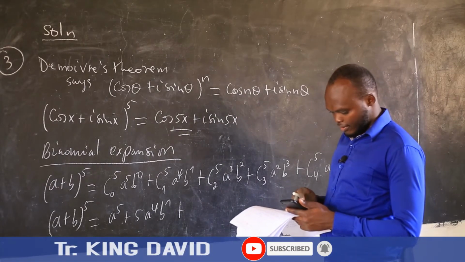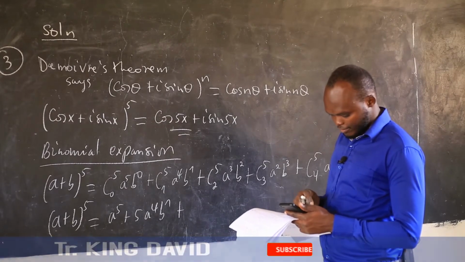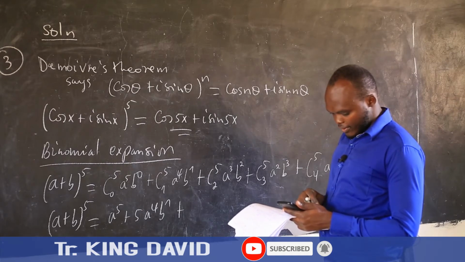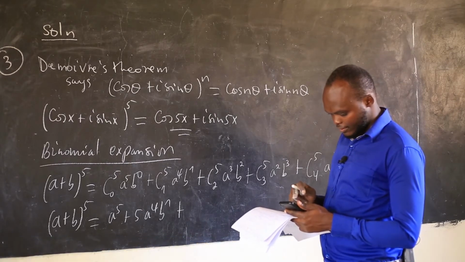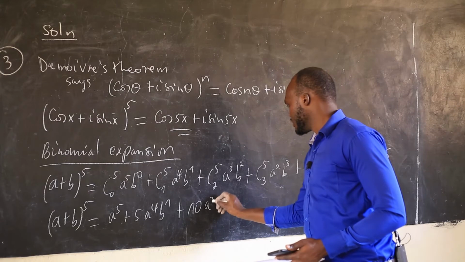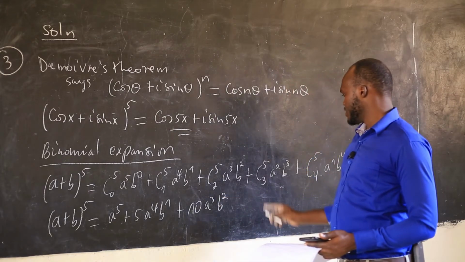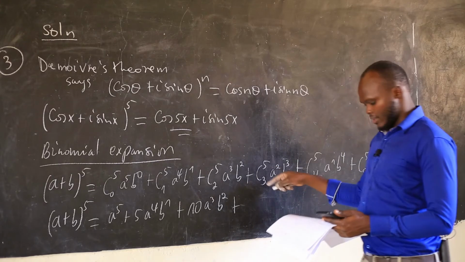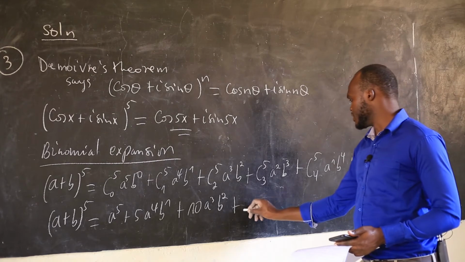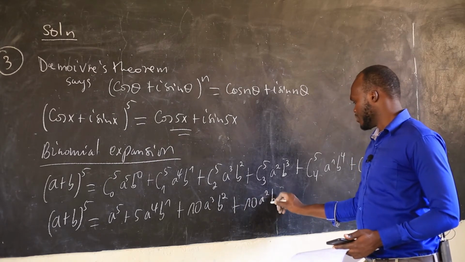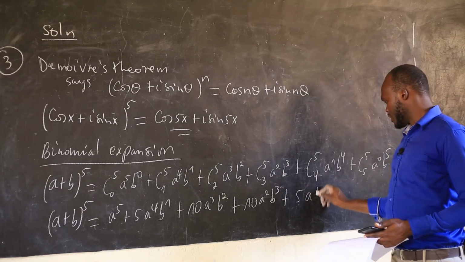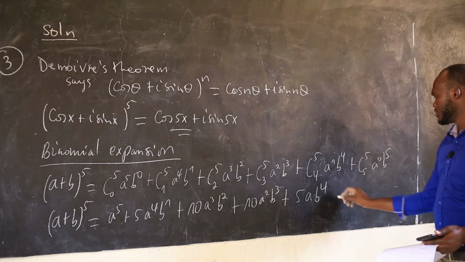Combination 2 to 5, it is 10, a power 3, b power 2. Also this one is 10, a squared, b power 3, plus 5 a b power 4, plus 1, b power 5.